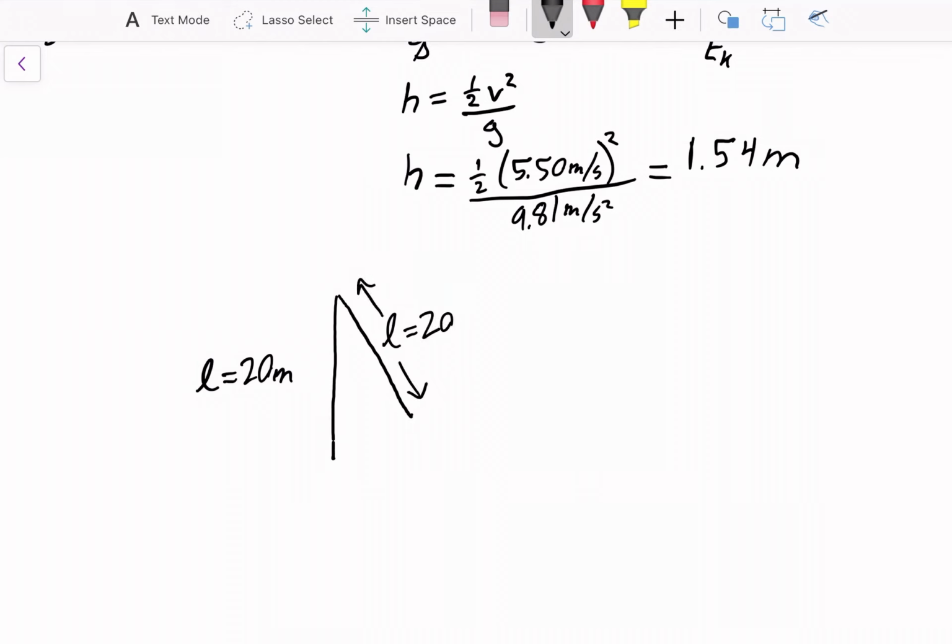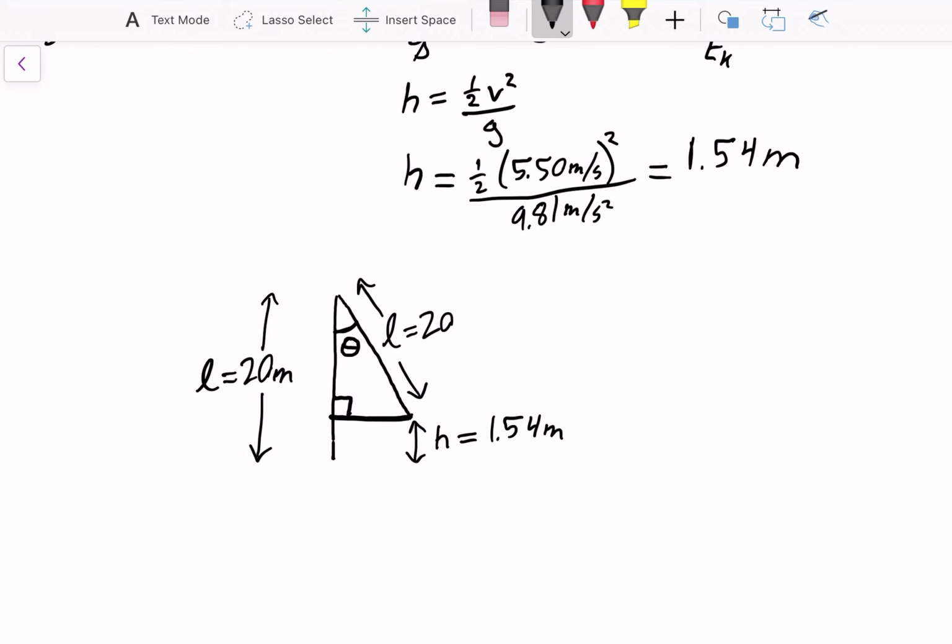The length of the rope isn't changing. What does change is that we now have a height above the ground, which we said was 1.54 meters. So what we can do with this information is we can create a little triangle here. And this is going to be a right angle here.